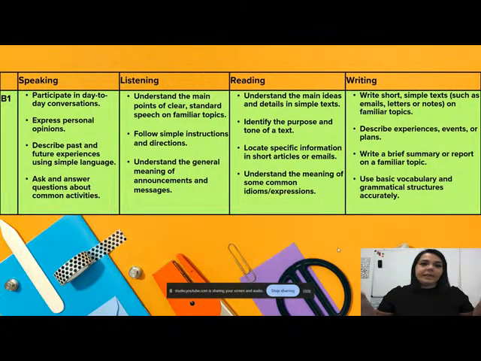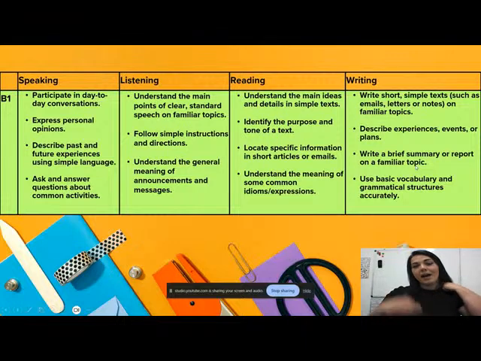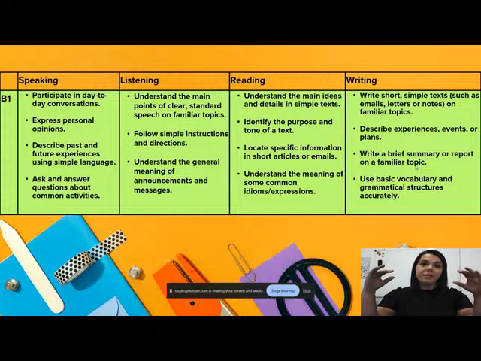So, what can you do at B1 level? This is basically it. This is what you can do at the B1 level. B1 is an intermediate level, a lower intermediate level.